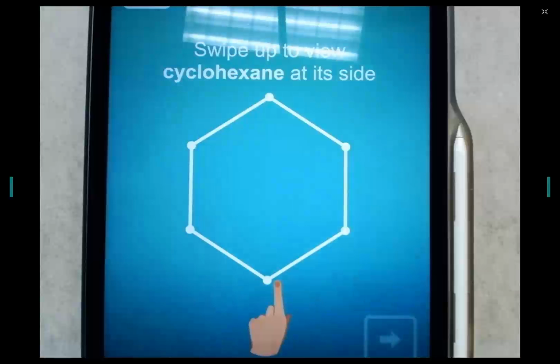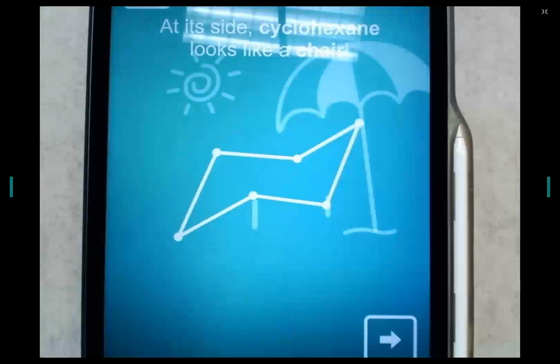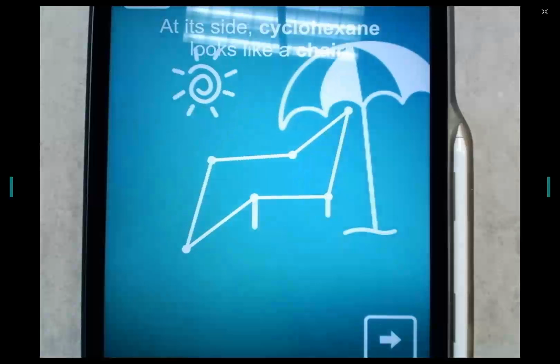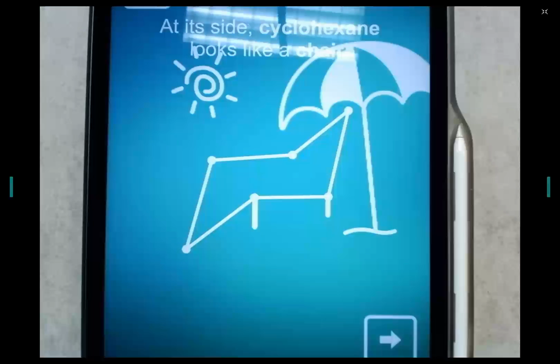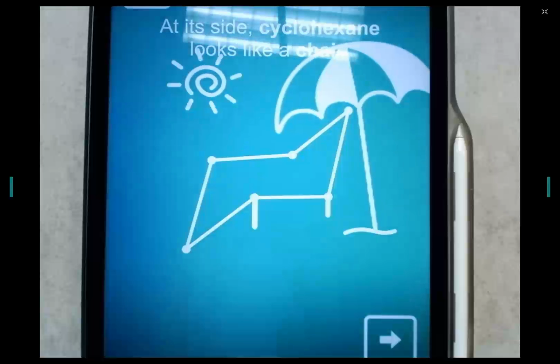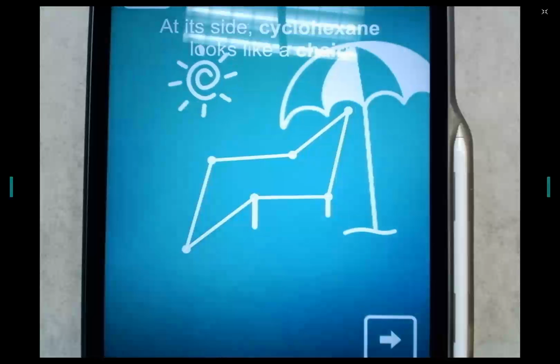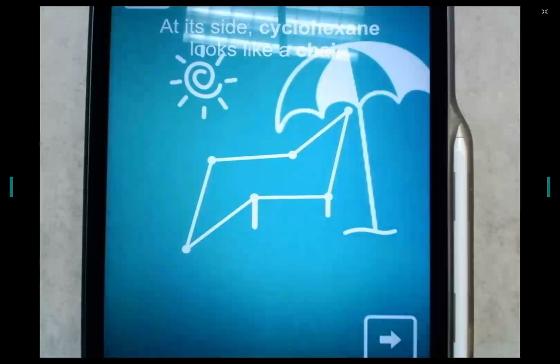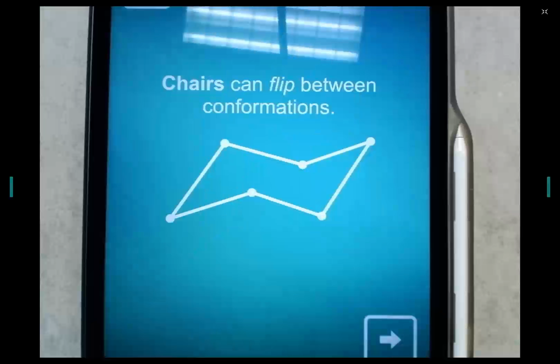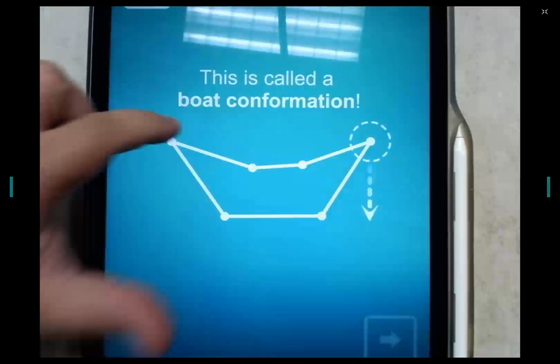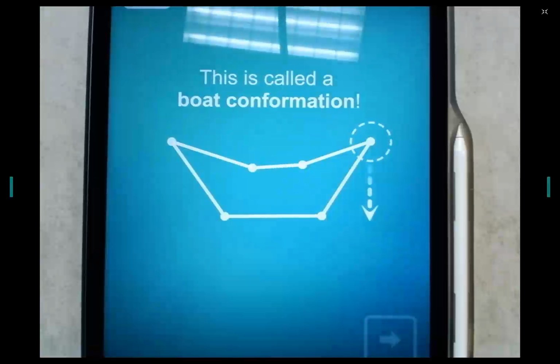So we can swipe up, and there it is in its chair form. I have never drawn the sun, nor have I put an umbrella on there. But that's the chair. It really should be like a chaise lounge or whatever you call those things. So chairs can flip. Here's what the flipping is. We bring that up. There's the boat.